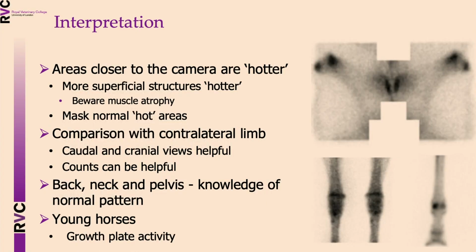So some general comments about interpretation. The important thing to remember is that areas that are closer to the camera are going to appear hotter. In other words, have greater uptake of radionuclide.